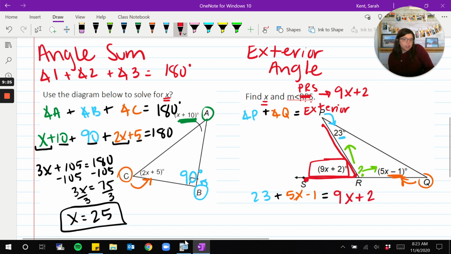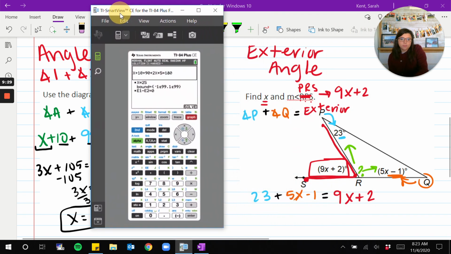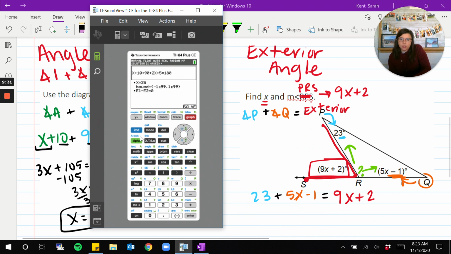So here I want to solve for x. So I can go to my calculator, and again I can do math up, enter to get the numeric solver. Up top I want the left side. So I have 23 plus 5x minus 1.